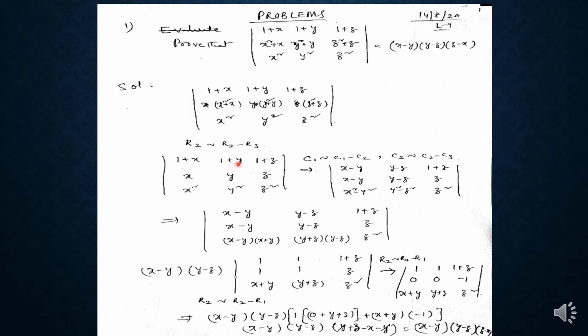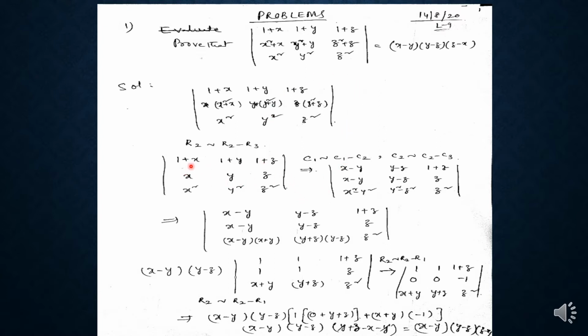By applying C2 minus C3, we will get 1+y−1−z, that is y−z, here also y−z, and here y²−z². So we can prove this determinant in the required form as (x−y)(y−z)(z−x). That observation is necessary to prove determinants.